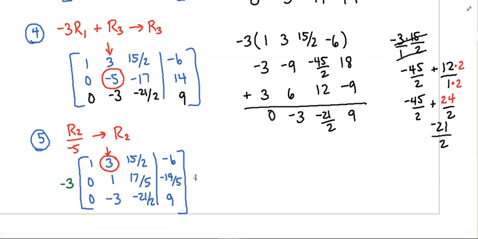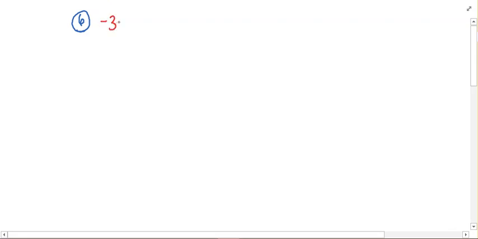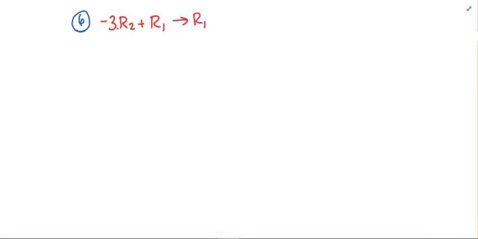Okay, so let's do it. On the next page, I'm going to go ahead and write my sixth matrix here. Like I said, the row operation is going to be -3 times this row 2, add it back to the first row, and that's going to become our new first row. Since we're changing the first row, row 2 is going to stay the same.